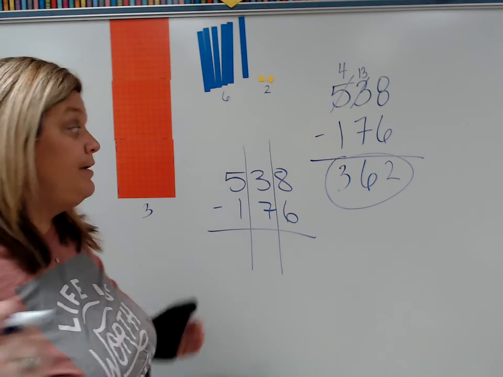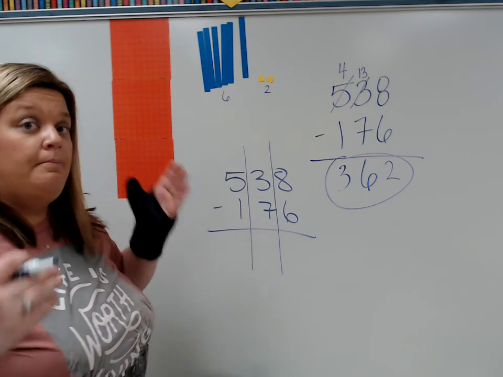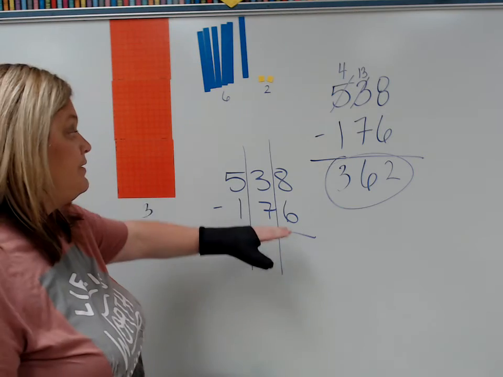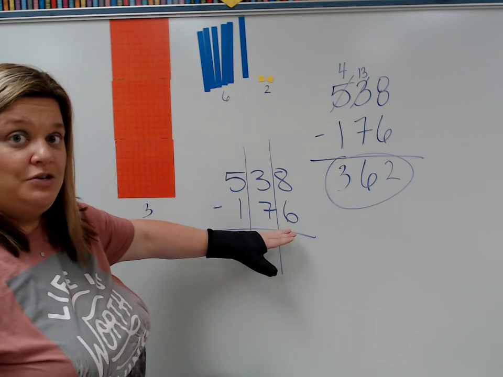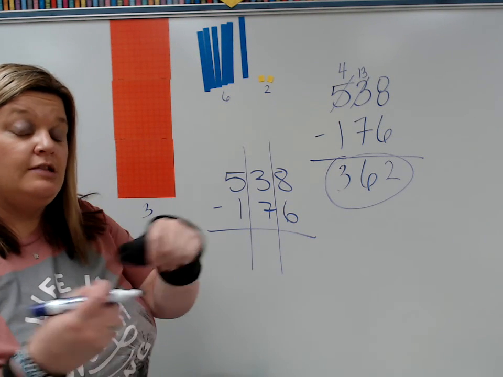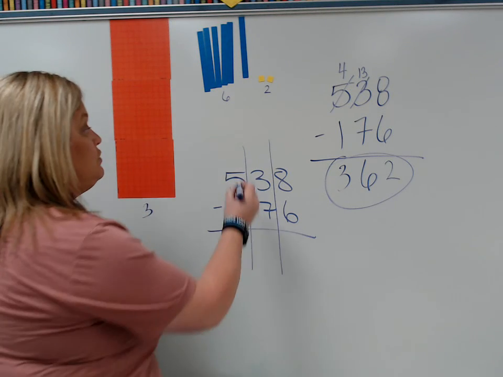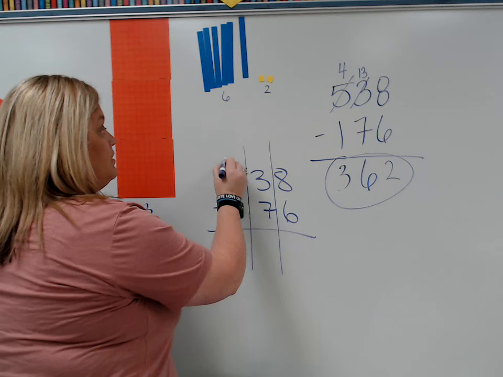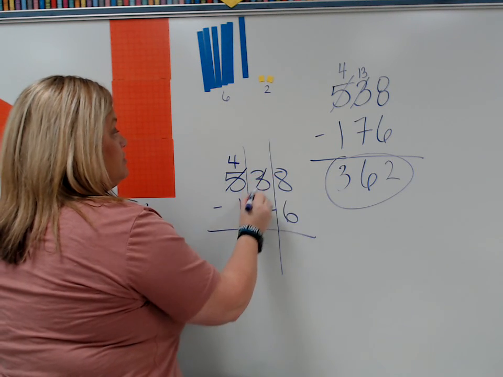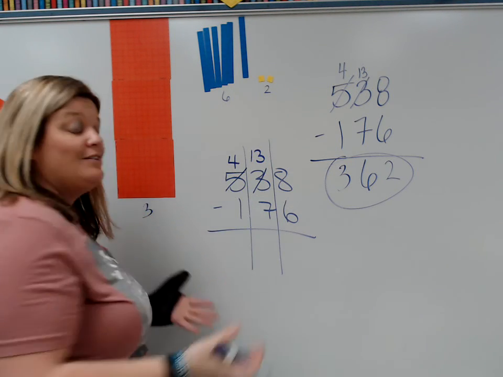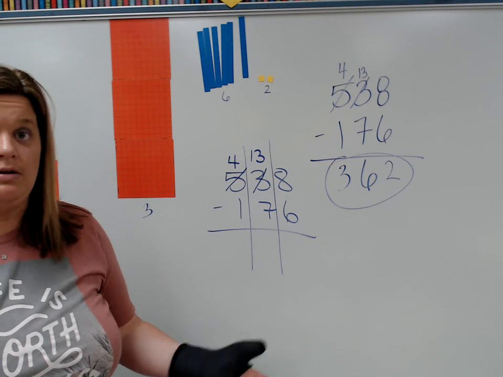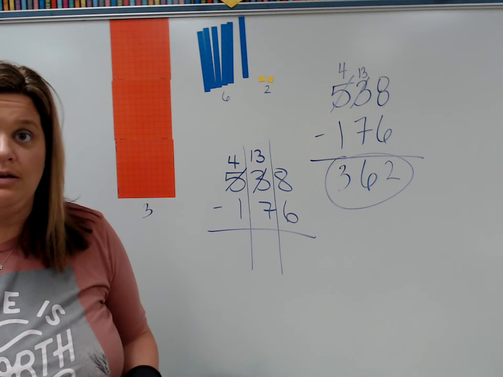That's a no-go. But when you do all this, you're subtracting, so you're taking away. The number's going to get smaller. But at times when you can't, you have to borrow, and your numbers change. And that's okay. You're just borrowing. It all works out in the end.